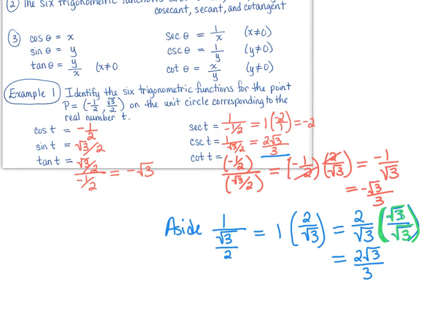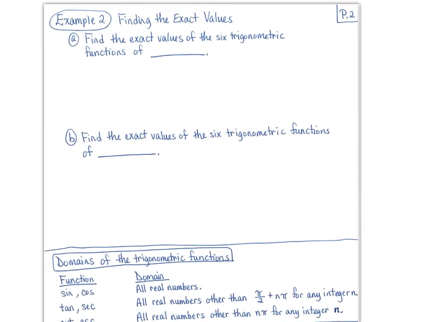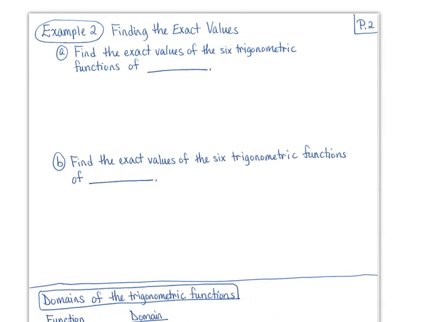Okay, so we've identified the 6 trigonometric functions for that given point P on the unit circle. What questions do you have? Okay. So our next example, example 2, find the exact values of the 6 trigonometric functions of pi halves.